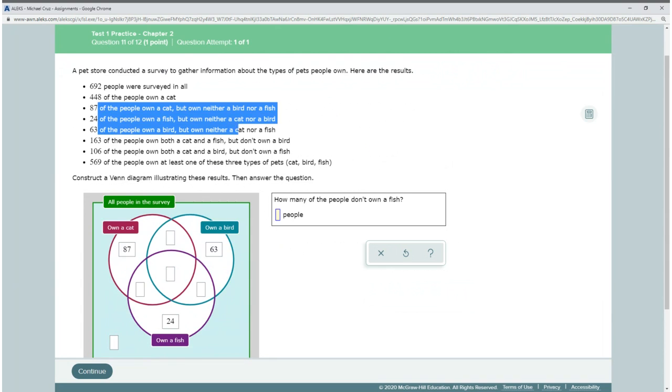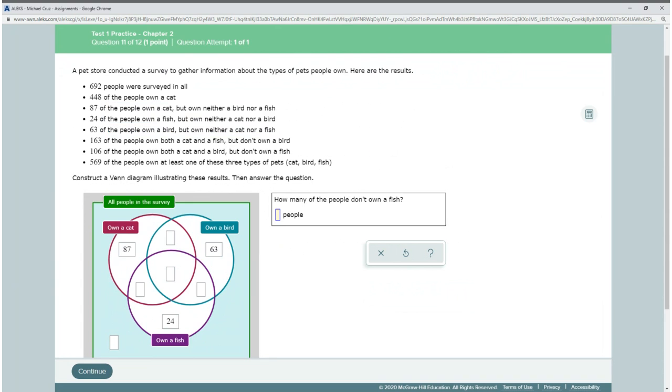Now let's jump down to the next one, because those other ones we still can't use yet because we don't have enough information. The next two are going to fill in two more, and then we can go back to these and the last one. So 163 people own both a cat and a fish, but don't own a bird.